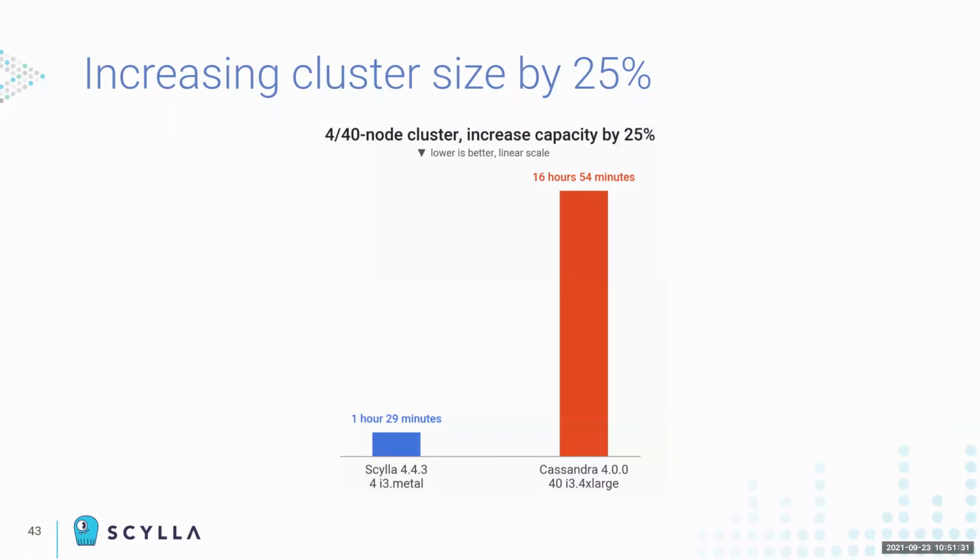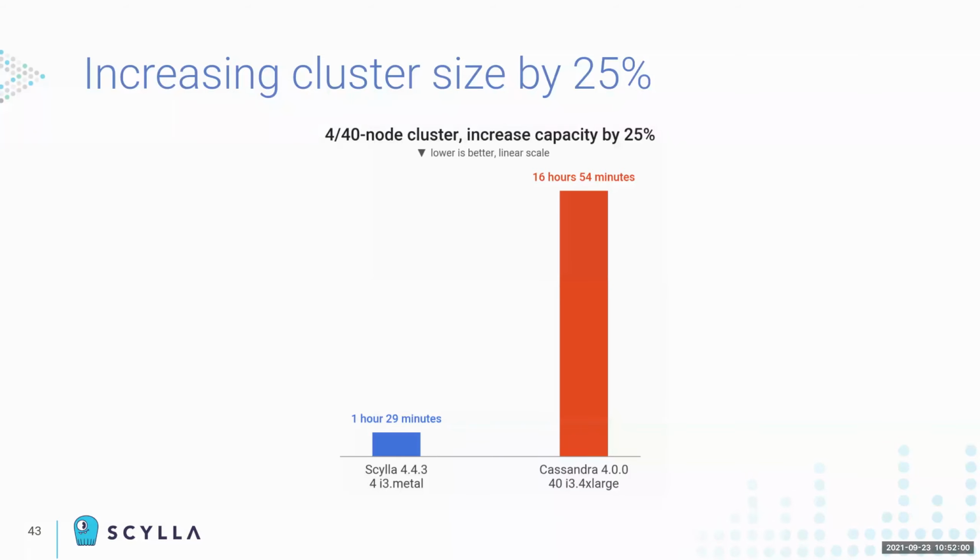For example, if you have 40 Cassandra nodes, to increase the capacity of the cluster by 25%, you have to add 10 nodes to the cluster. And as you can see from these results, it takes about 16 times as much time to perform this operation. And what is worse, you have to add those nodes sequentially.